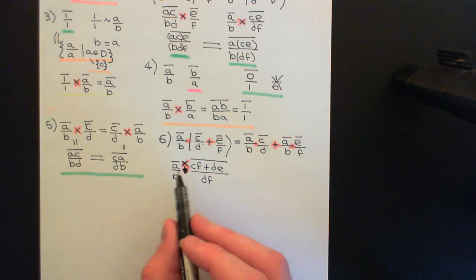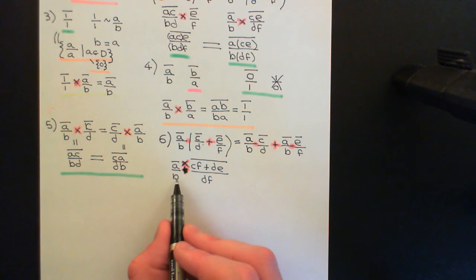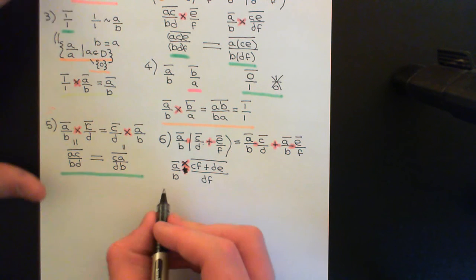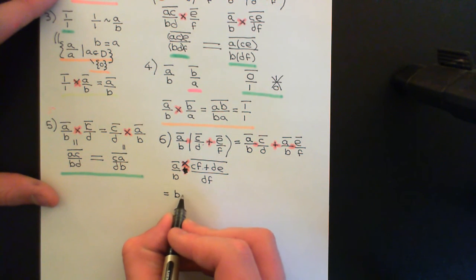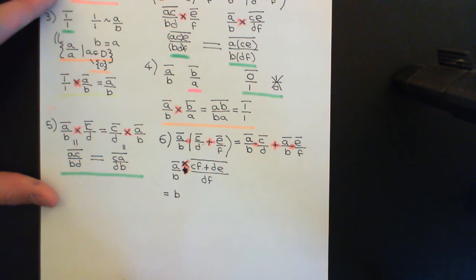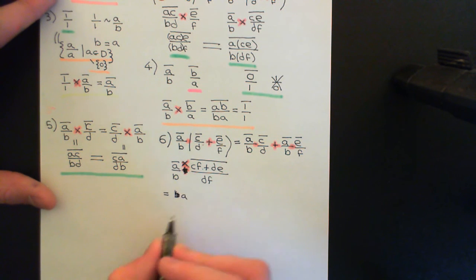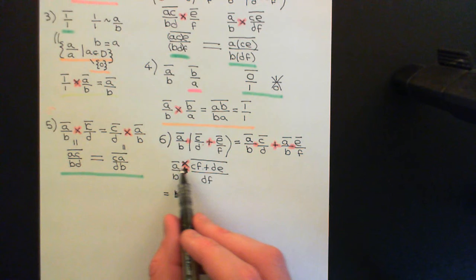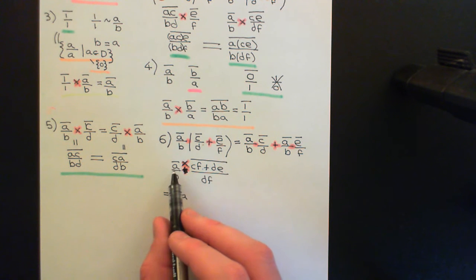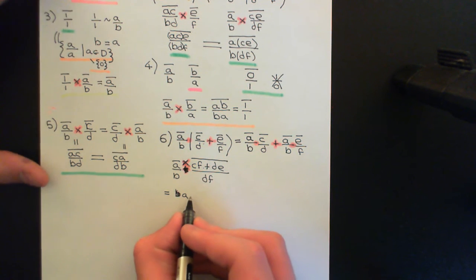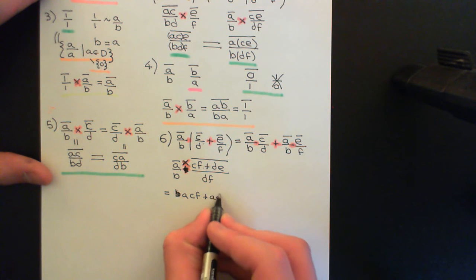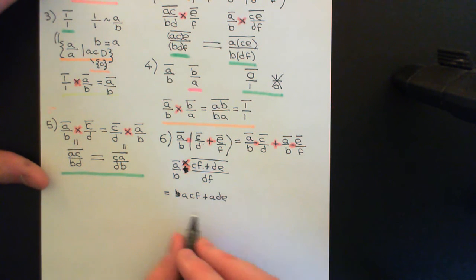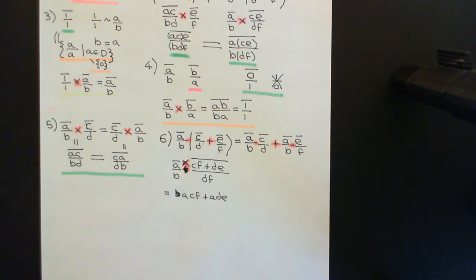Right, so if we want to multiply a over b with this, of course that's even simpler than adding them, so I just want to multiply this numerator and this numerator, so I'll just apply distributivity of, and that shouldn't be a b, that should be an a. Terrible mistakes. Right, okay, so we'll just apply distributivity in the integral domain of multiplication over addition, so we'll get a times c times f plus a times d times e, and again I'm assuming that we understand that multiplication is associative, so I'm not bothering to put any brackets in.